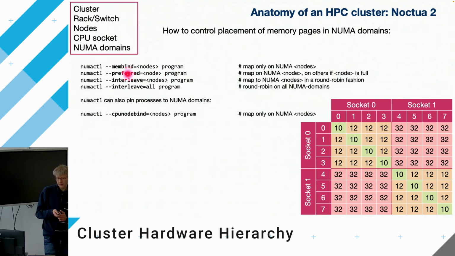You have to tell it with membind which NUMA node to use to store the data, and you can also decide on which NUMA node the threads are allowed to be executed. This way you can do a benchmark where your program runs on one NUMA node but the data is stored on a different one, and then you will see a certain difference in performance, or not, depending on the program that you're running.